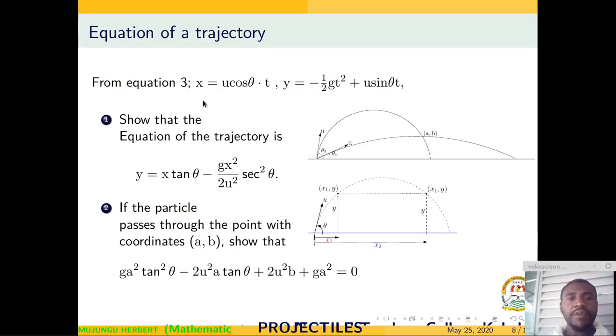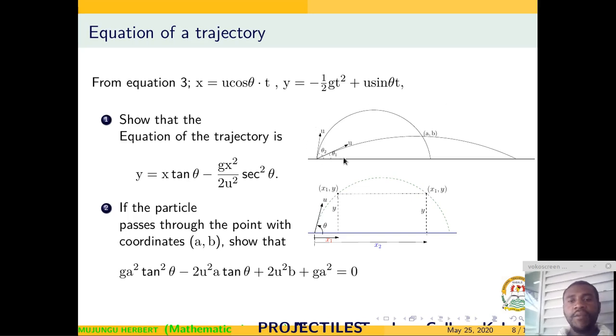The equation of trajectory describes the path a projectile takes during its motion. Like in this slide, it can be of this form or of this form.